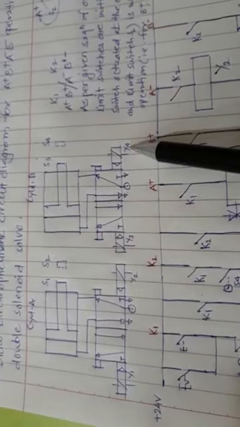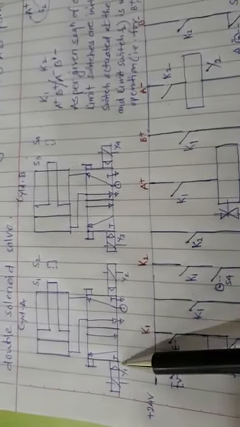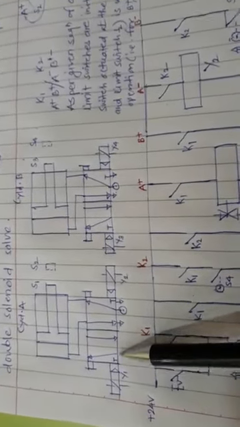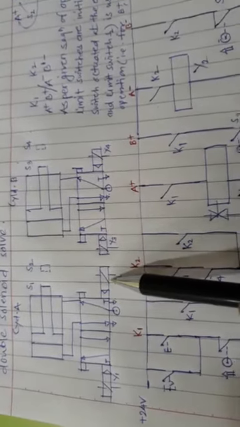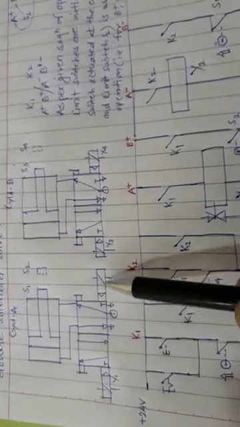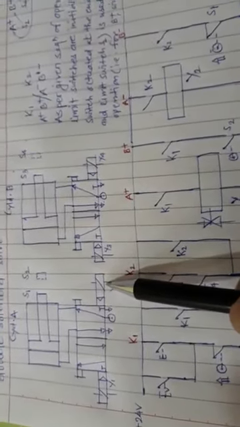Here we have to take care of one thing: when you actuate the solenoid Y1, we must know that Y2 is de-energized. So at a time these two solenoids cannot be energized.